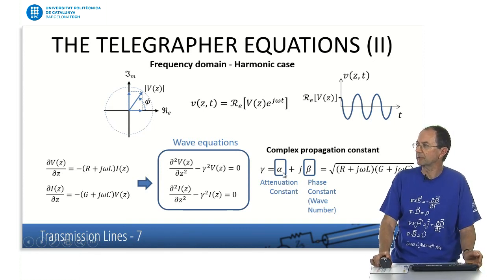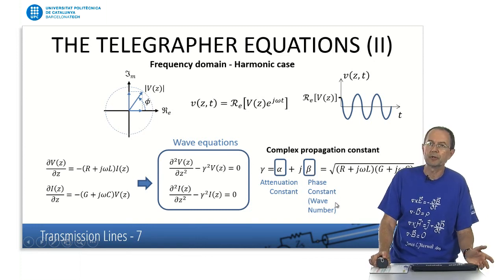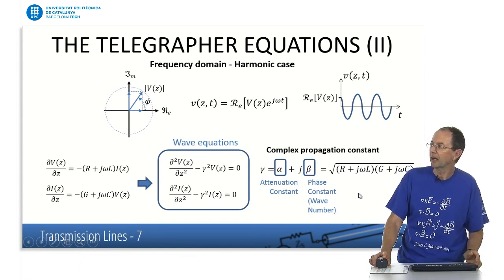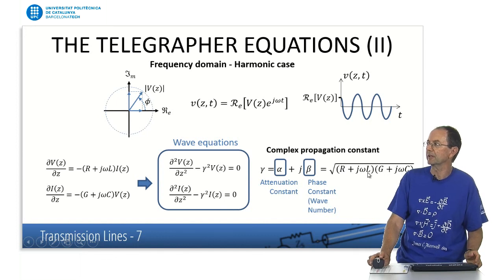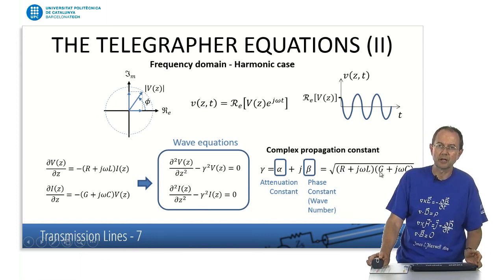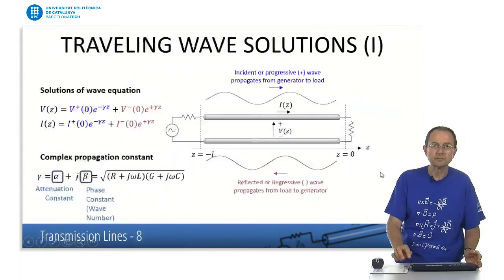And all these parameters, alpha and beta, which is the phase constant or wave number of the line, depend on the electrical parameters of the line: resistance, inductance, capacitance, and conductance along the line.